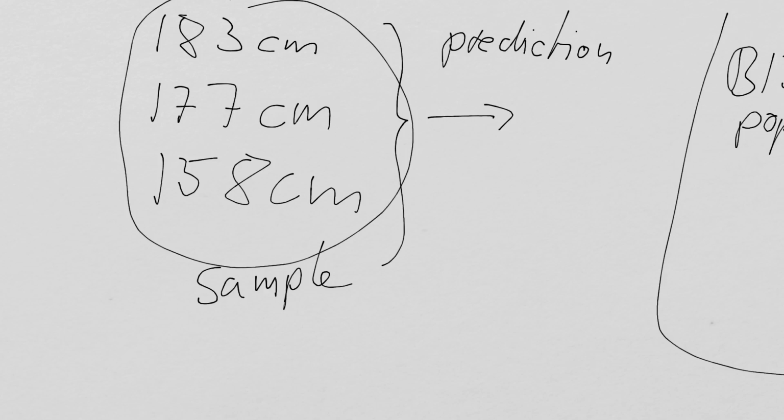How do we calculate the average? Well, we add them all up and divide by 3. Yeah? And we would get an average of 172.67 centimeters. Is that right? Yeah. Brilliant. So this is the average.